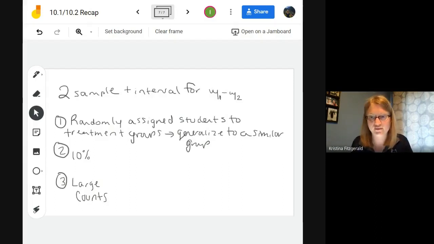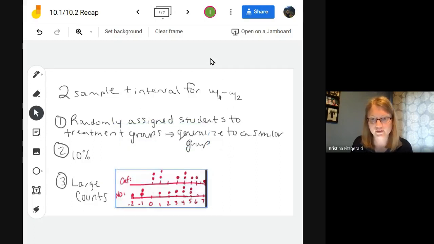So for us, let me grab the dot plots. We would want to include here 2 little dot plots of each of our results that we're given above. Just do a little quick sketch.